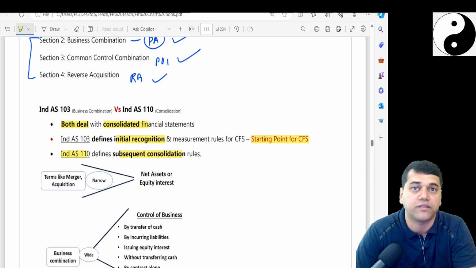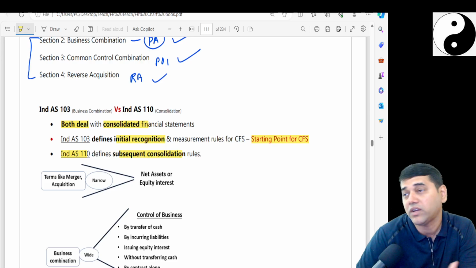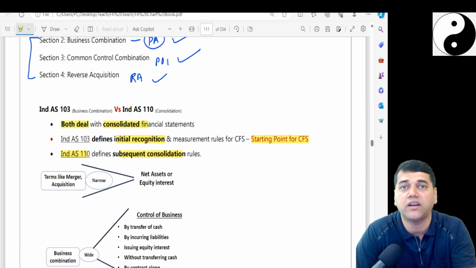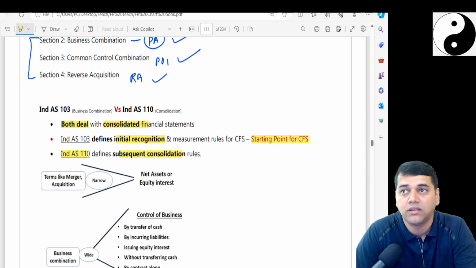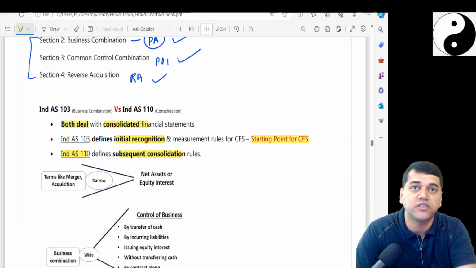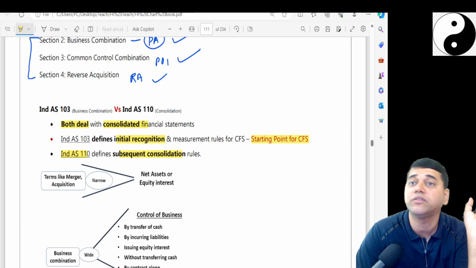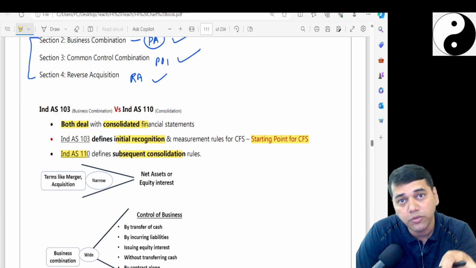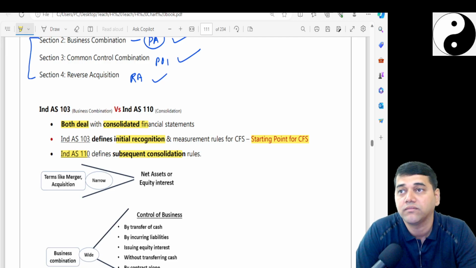So both are different. If you ask me, 103 is much simpler than 110. But 110 can never occur unless 103 is done, because for 110 the starting point is goodwill. Goodwill comes into the picture only with 103.